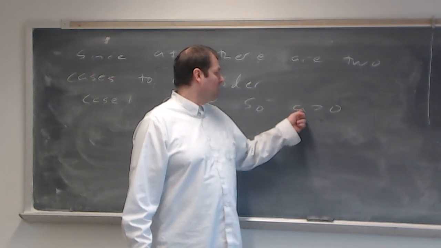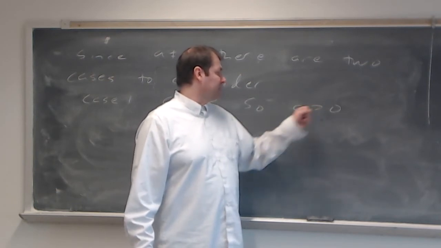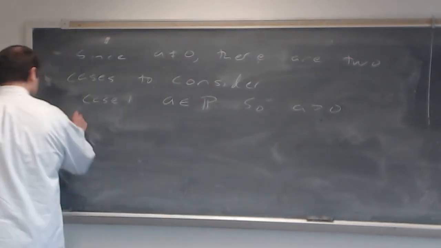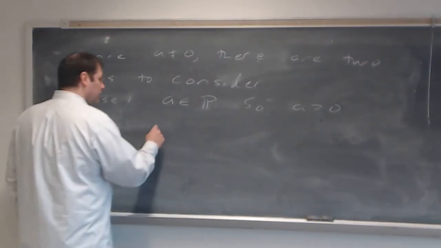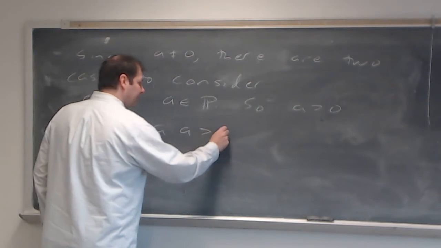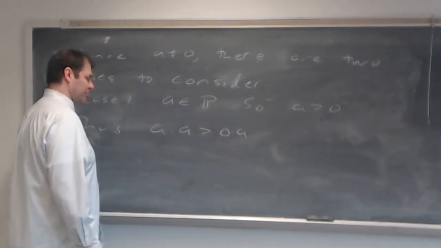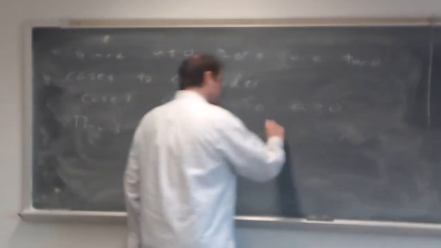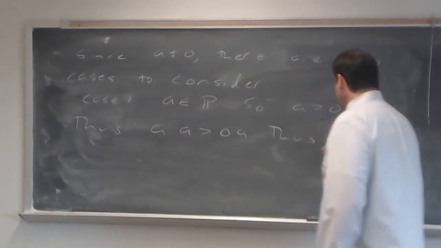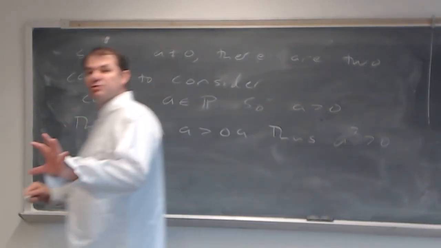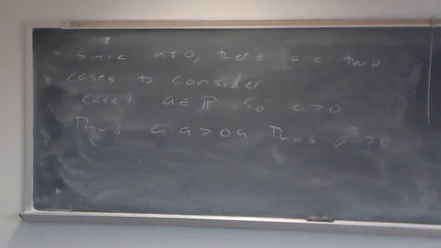So here, I know that A is greater than 0. So I'm going to multiply both sides by A. So A times A has got to be greater than 0 times A. I'm multiplying both sides of this inequality by A. Thus, that tells me A squared is greater than 0. So the statement is true in this case.